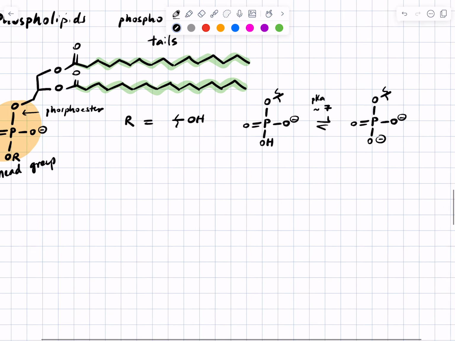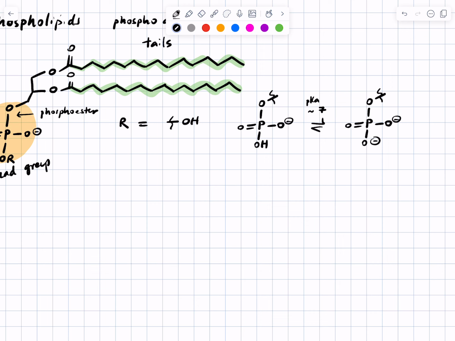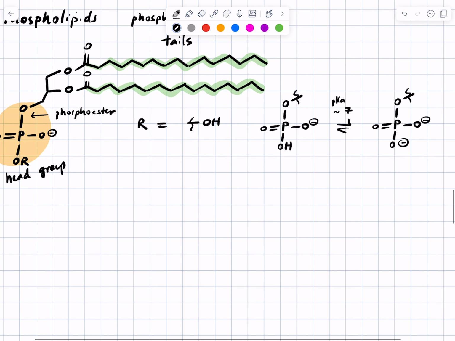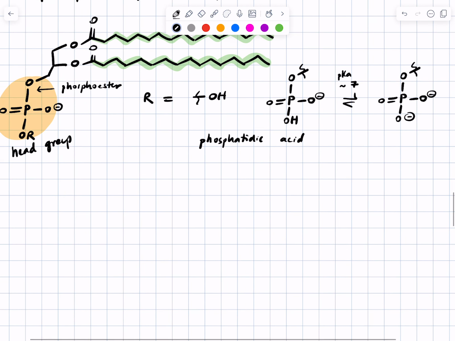Okay, well, but the head group can be other things depending on what kind of organism you're in. If the R group is OH, the resulting diacylglycerol is sometimes called a phosphatidic acid.